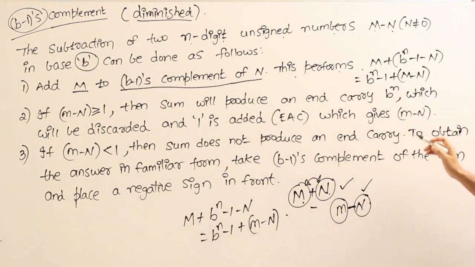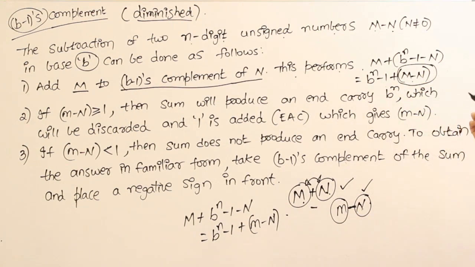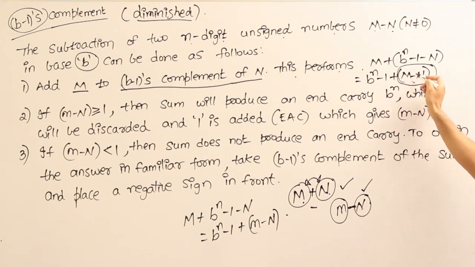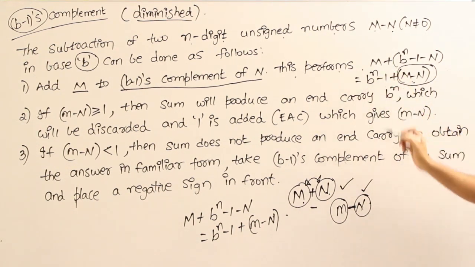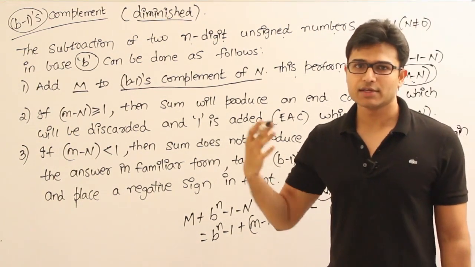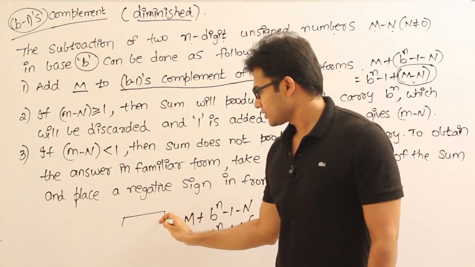Now if this factor m minus n is greater than or equal to 1, then the minimum value here will be 1. Then the 1 and the minus 1 will cancel out, and so it will produce b power n. B power n is nothing but the carry out of the most significant digit. We are adding two n-bit numbers, right?